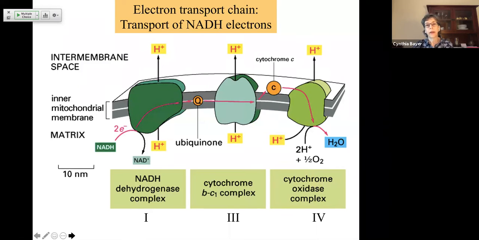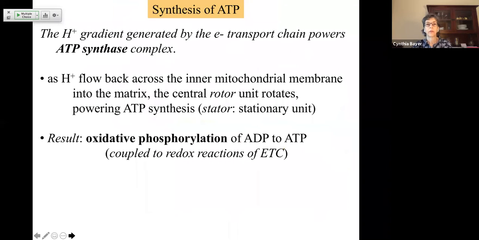And the channel that they can pass through is through a complex that we call ATP synthase, another complex of proteins. The only place across the membrane that the protons can diffuse across. As the protons diffuse across, that will drive movements of this ATP synthase complex, causing a rotary motor to be activated.